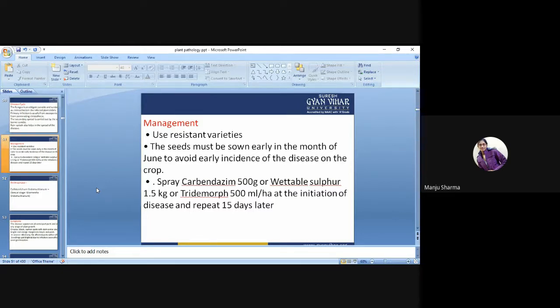If seed sowing happens late in June or early in July, the effect of the pathogen will be more, maybe aggressive or virulent. But if the seed sowing is in early June, we can overcome the effect of the pathogen.